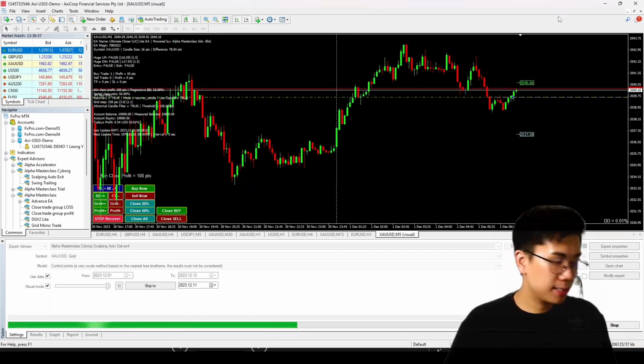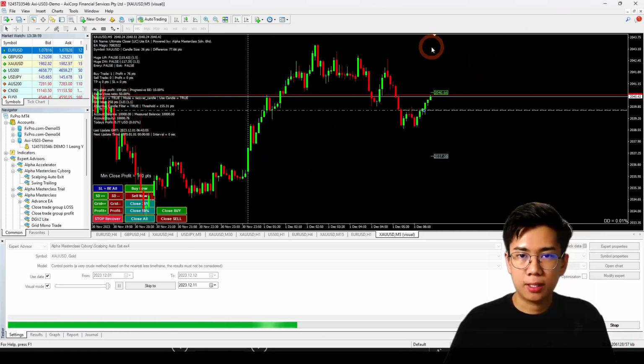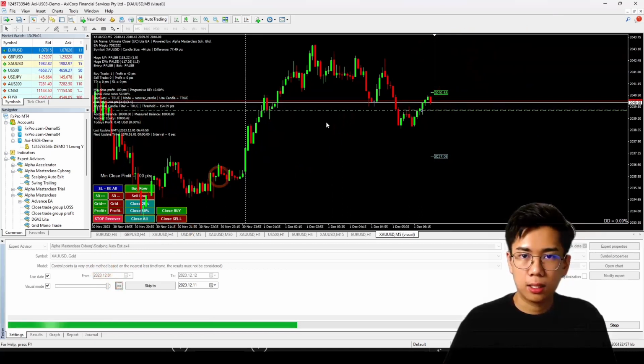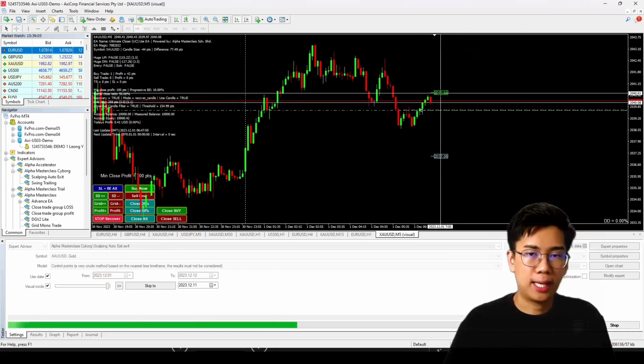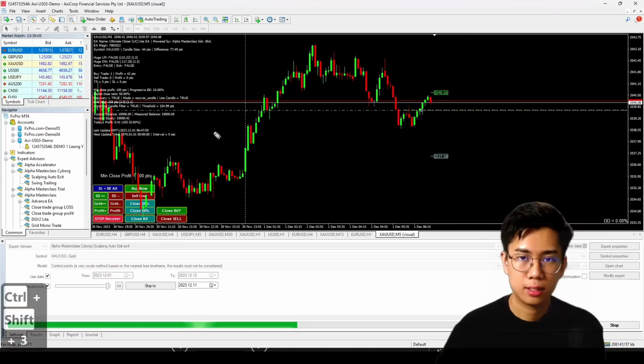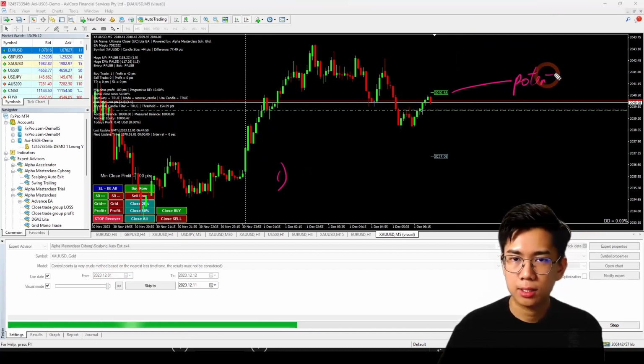When I click buy now, there will be two lines. The upper line is called the potential take profit.